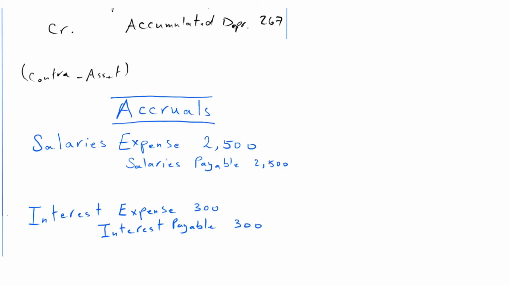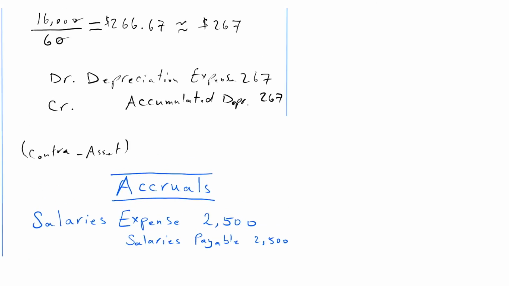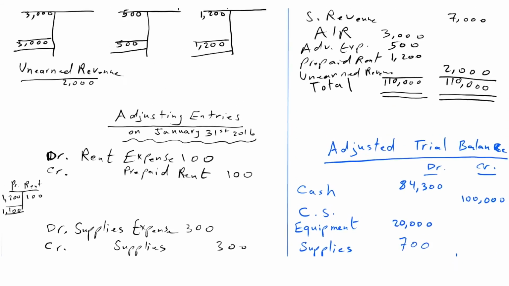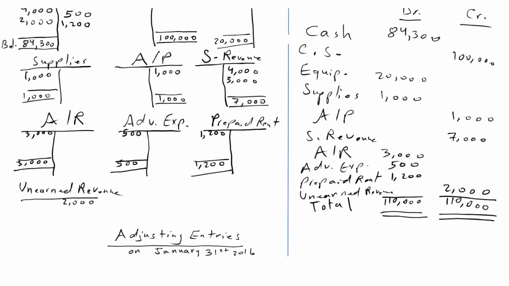So I'm just going to copy these numbers and put them in the adjusted trial balance. 2,500 and $300. Okay. All right, let me go back to the trial balance. What else do we have? Service revenue, accounts receivable, and advertising expense.